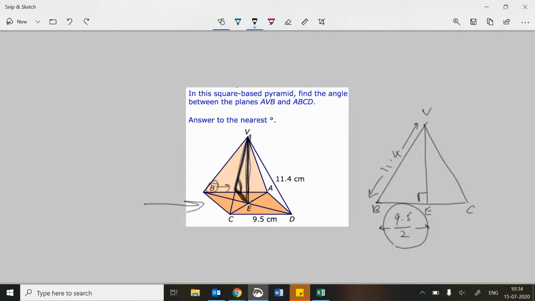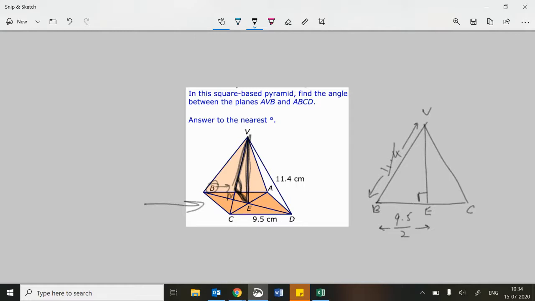And there we go. My mistake is that this is not 11.4. 11.4 would be this length here. There's a bit more to this question, in fact, because the 11.5 is not this length from V to, let's call it M, the midpoint there.